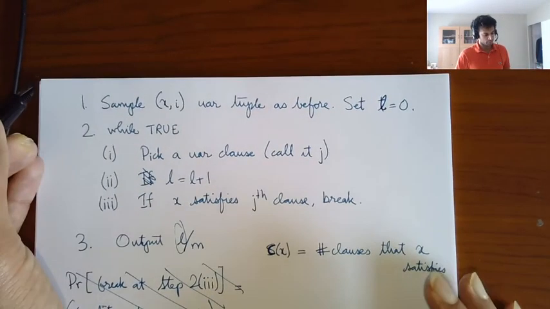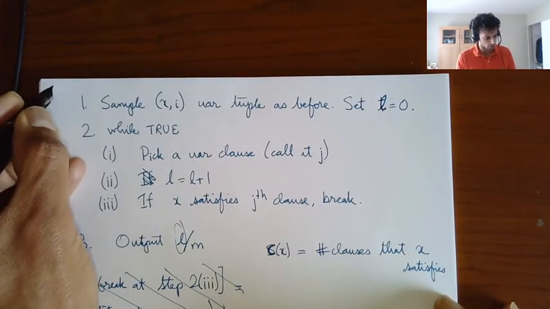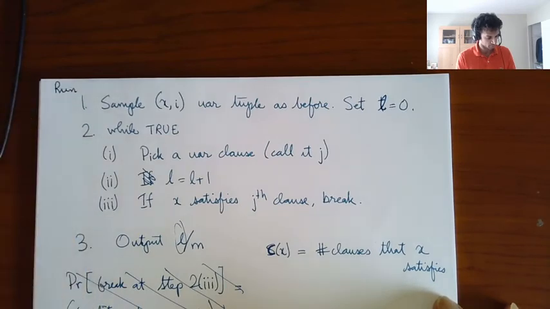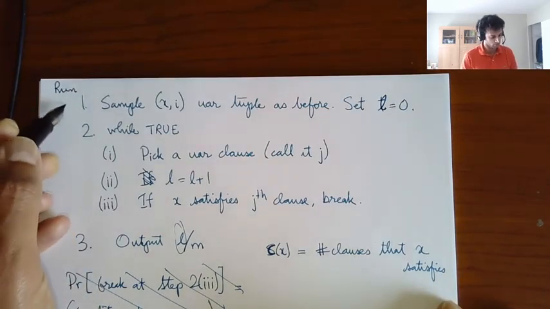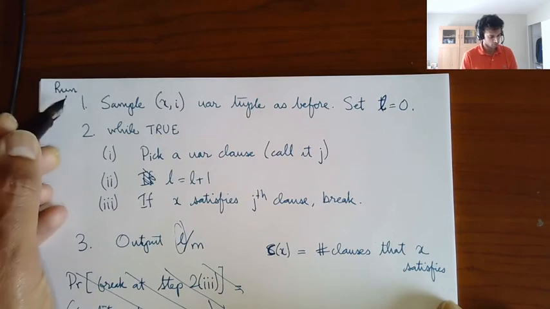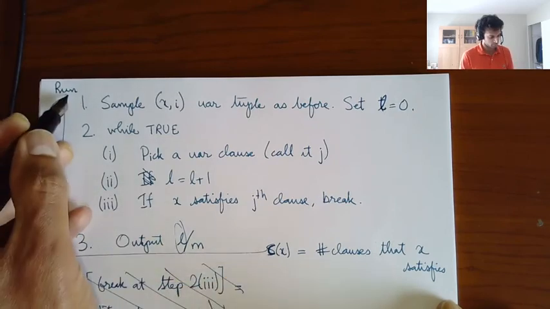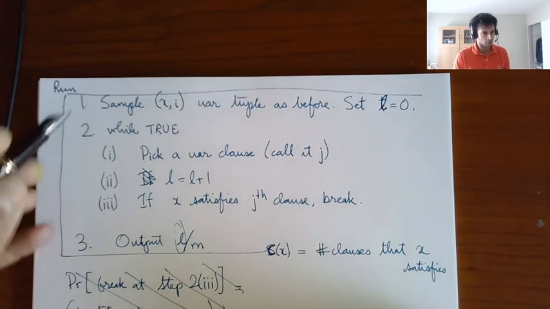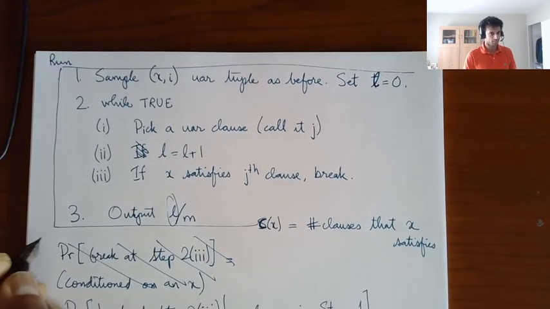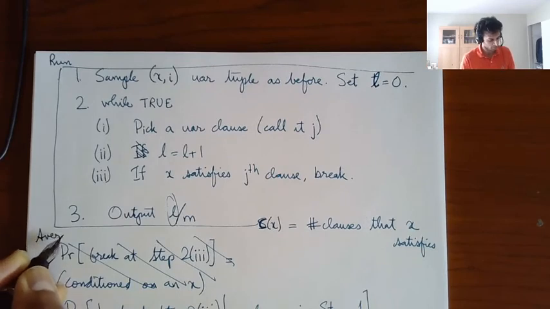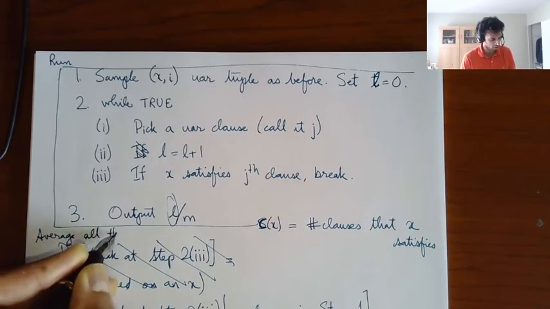So what we're going to do now is we're going to globally run this, right? So this gives you an L. I'm going to average all the L's over the trials.